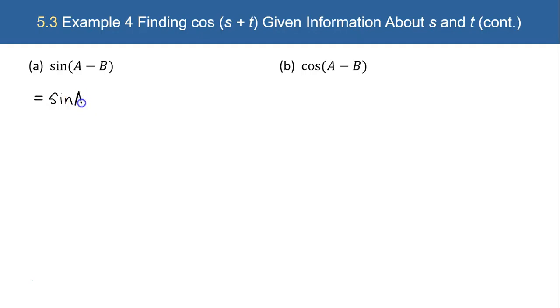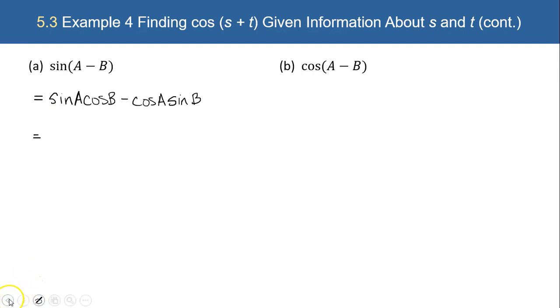It's sine of A times cosine B minus cosine A times sine of B. Now we have all 4 values because that's what we solved for on the previous page. We were given 2, but then we had to find the other 2. And after finding the other 2, we can now just plug in the values for each of these.